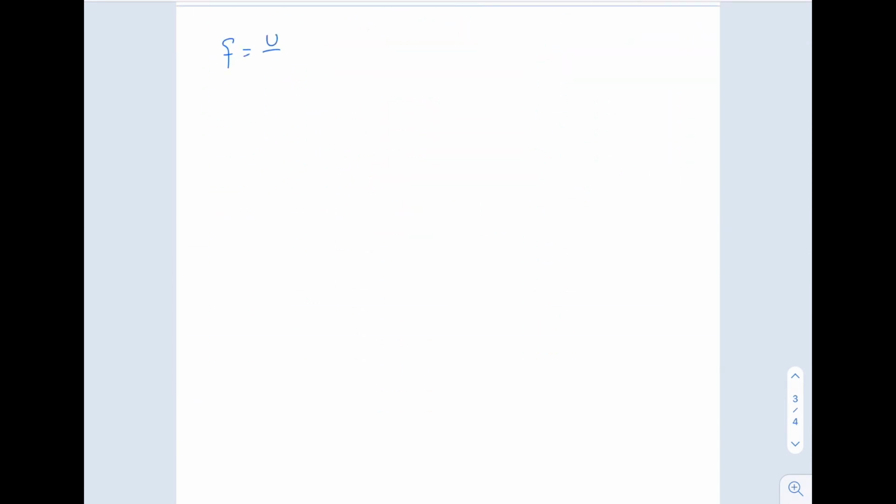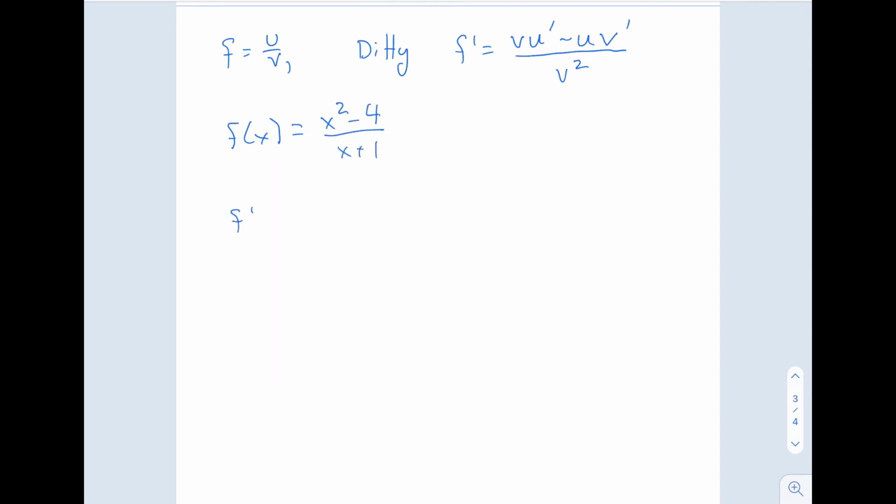So remember, if we had f equals u over v, we had this little ditty, little rhyme that we had there to help us remember, where we had low d high minus high d low, square the bottom, and away we go. That's what we'll be using now. So what's our function? F of x equals x squared minus 4 over x plus 1. So let's do it all in one without any side work.